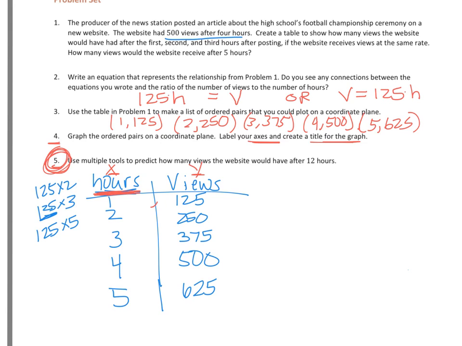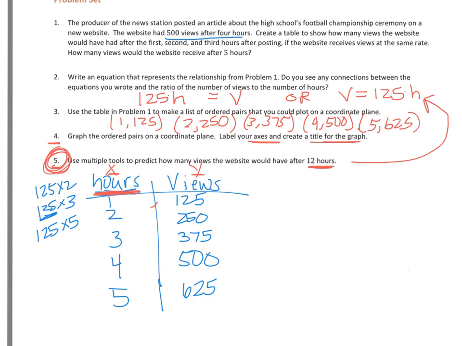I'm going to leave that one to you to predict how many views there would be for 12 hours. There's a bunch of different methods that you've used, and then also we can check that pretty easily with the equation here. It's 12 hours, so if you plug in 12 for H and do 125 times H, that's going to give you your answer. So 125 times 12.